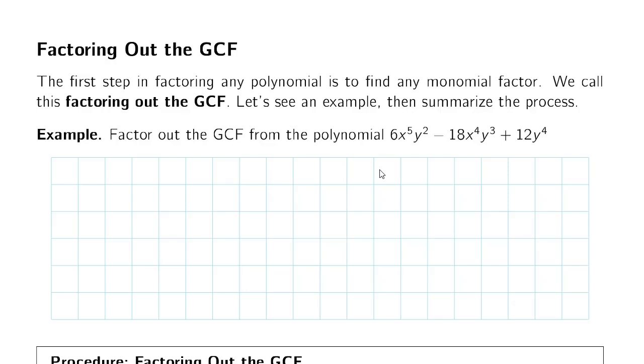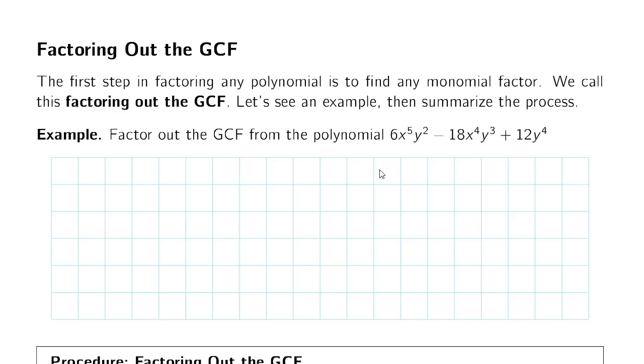Okay, one of the reasons we're interested in the greatest common factor is that our first step in factoring a polynomial is going to be doing what's called factoring out the greatest common factor. Let's see how that works, and then we'll write out the process.